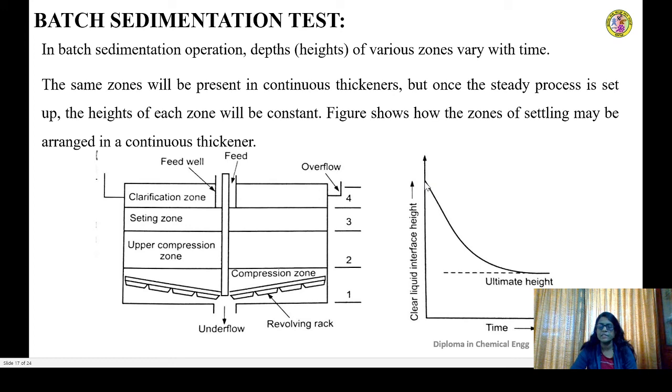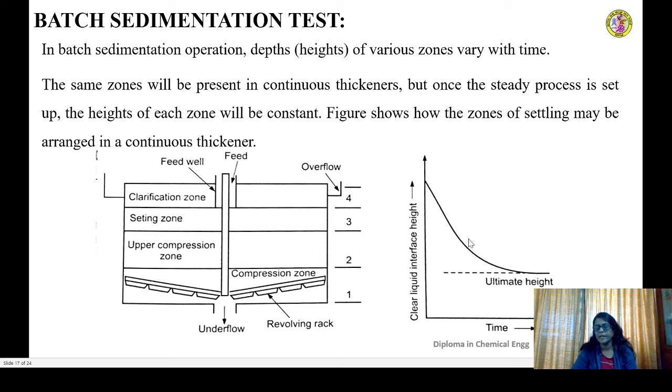Once the settling process starts, the clear liquid zone is set up at the top of the settling equipment, and that height of the clear liquid will steadily increase, finally attaining a final height. This is the ultimate height of the clear liquid interface in a settling process.